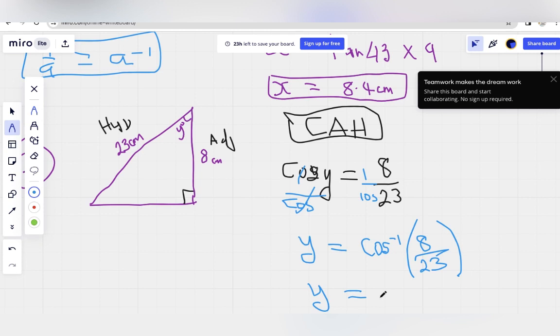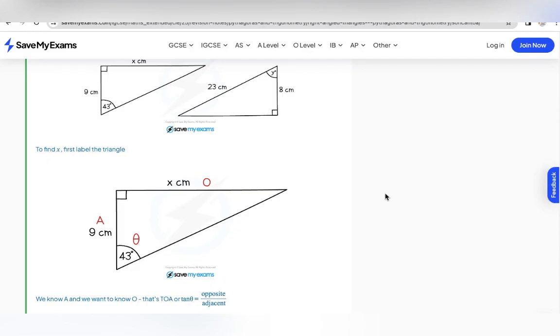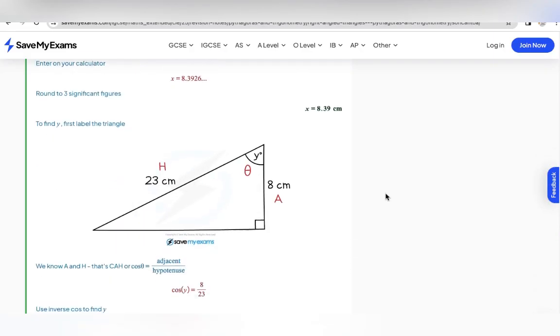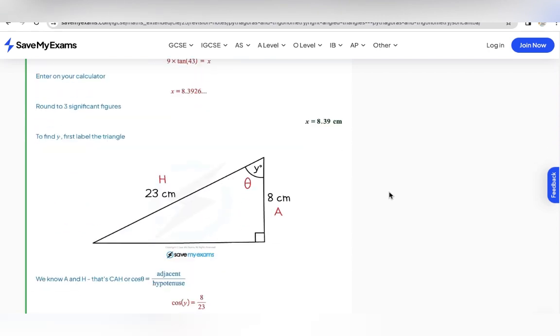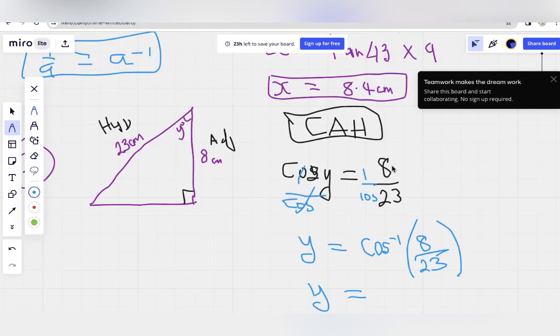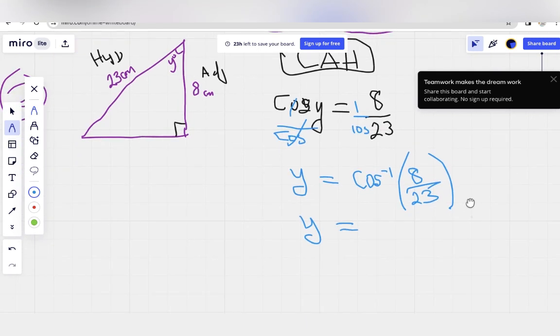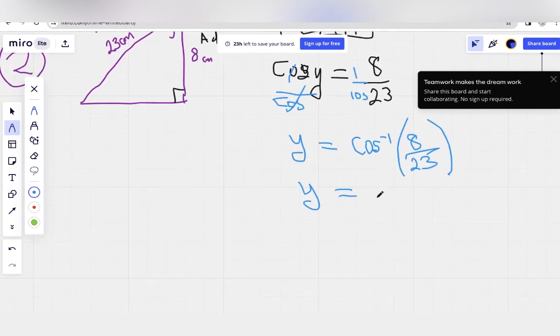Then you find the cos inverse of that and you get an angle which is 69.6 to 1 decimal place. Pause the video, key in the values in your calculator and see whether you get 69.6.